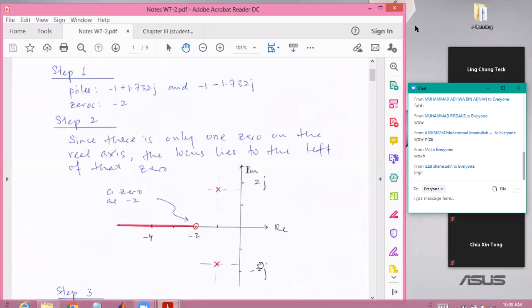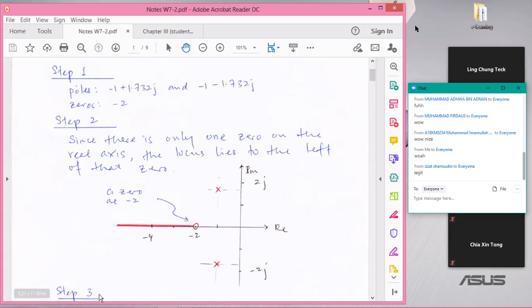Now, just pay attention on the real axis only. You only have one zero, and there's no pole on the real axis. So there is the first zero, meaning that there's an odd number of poles and zeros. To the left of that, you're going to have locus.